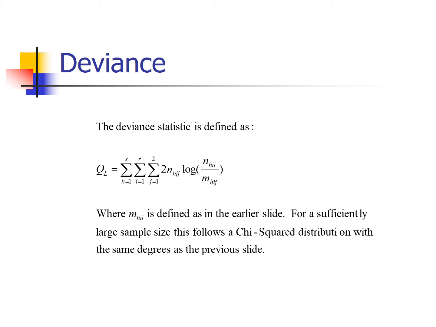That expected term is defined just as before. And so we have a very, very similar looking formula. Again, if our observed is close to predicted, then that ratio is going to be close to 1. The log of it is going to be close to 0. And so we're going to be summing something up that's going to be relatively small.